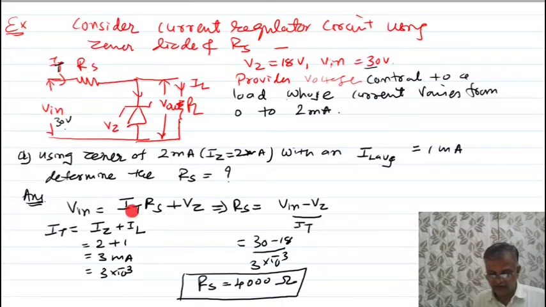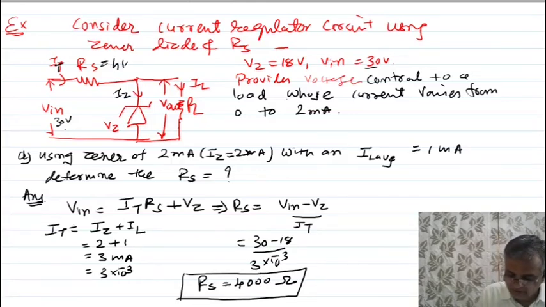IT is nothing but IZ plus IL, this current plus this current. You put the values in this equation, and you get your answer: 4000 ohm or 4 kilo ohm.